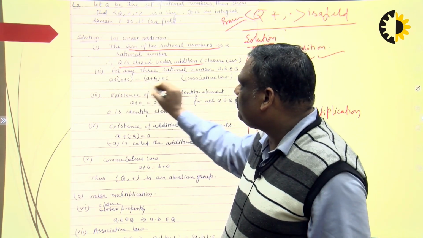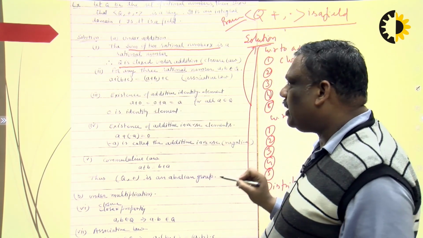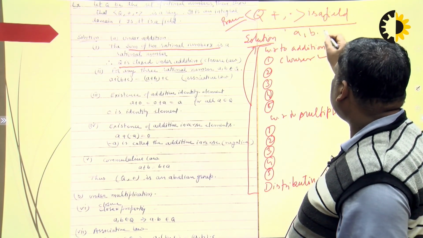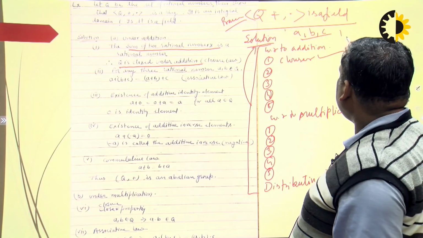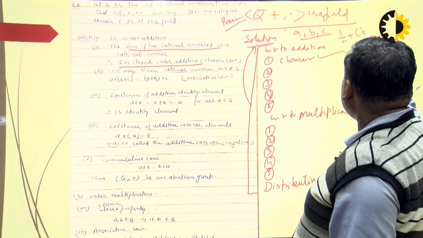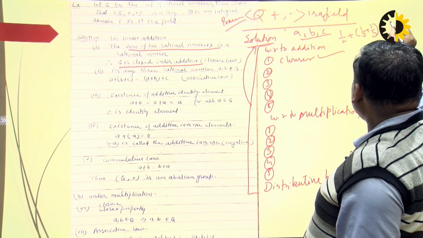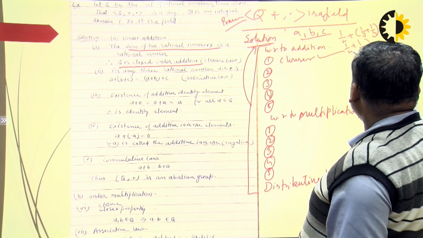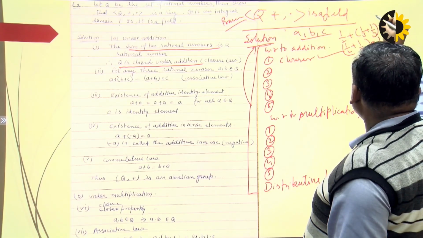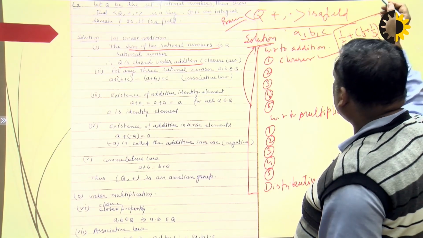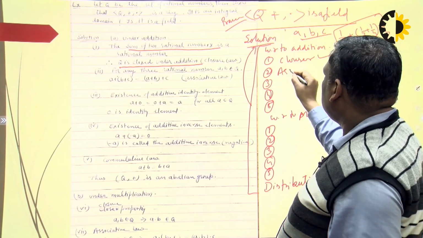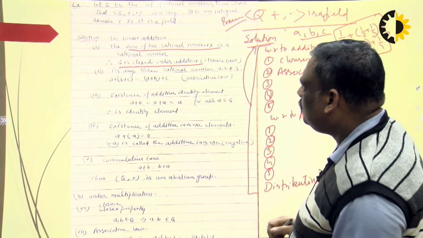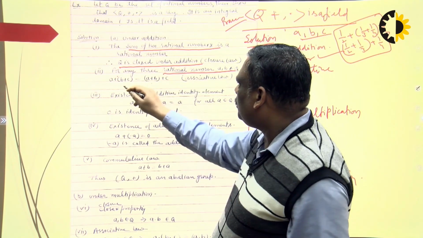And the second one: if a, b, c are rational numbers, then 1/2 + (1/3 + 1/4) is equivalent to (1/2 + 1/3) + 1/4. We can easily prove this one. So the associative property holds.